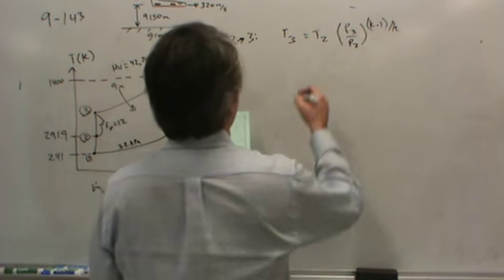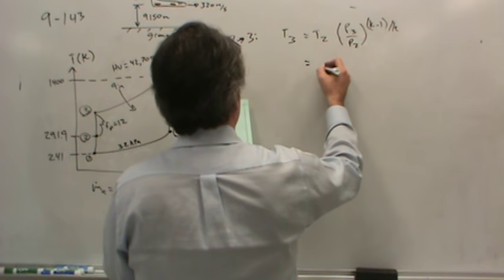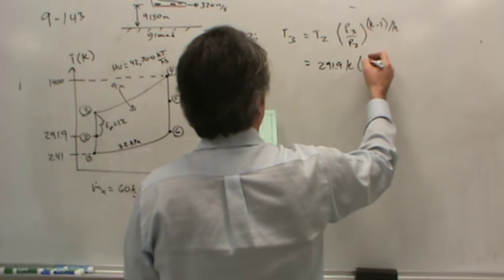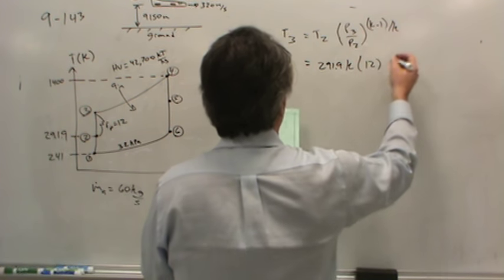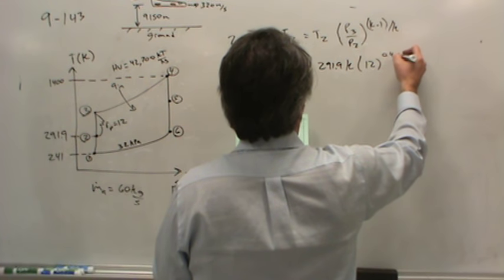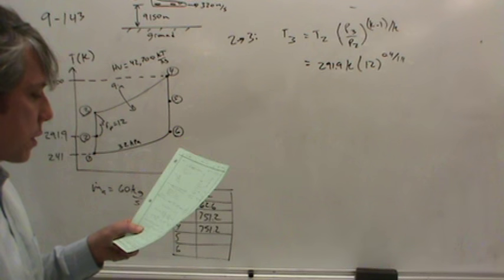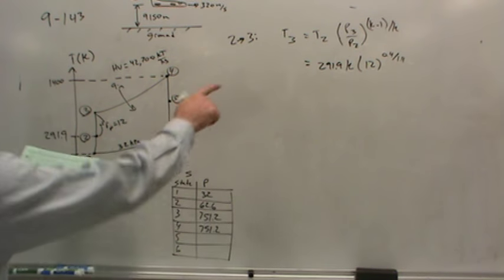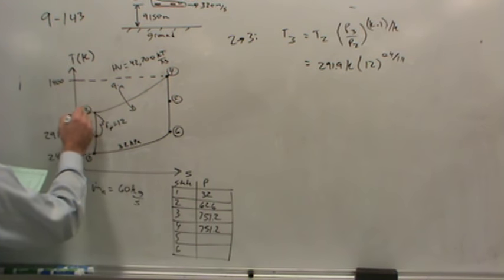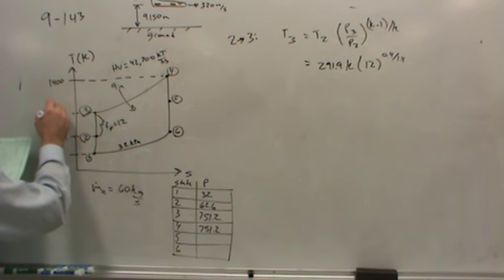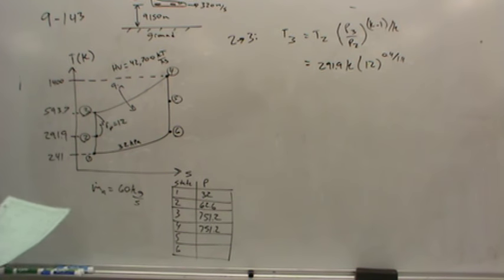Okay? So T2 we know is 291.9 Kelvin. P3 over P2, that's just the pressure ratio of 12. And then I need to raise that to 0.4 over 1.4, again the ratio of heat capacities. So that gives us the temperature. Plug in the numbers to your calculator. You'll find the temperature in state 3 is 593.7 Kelvin.